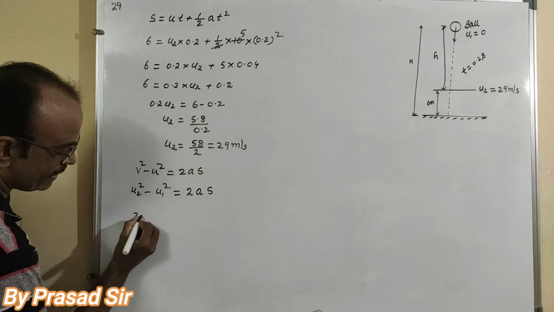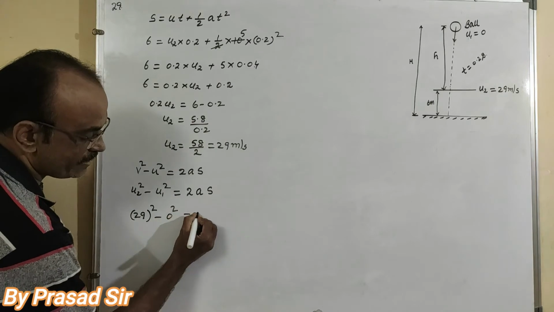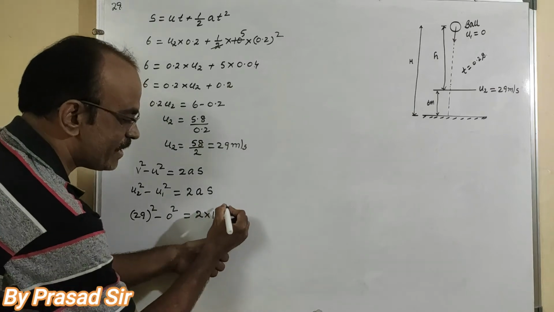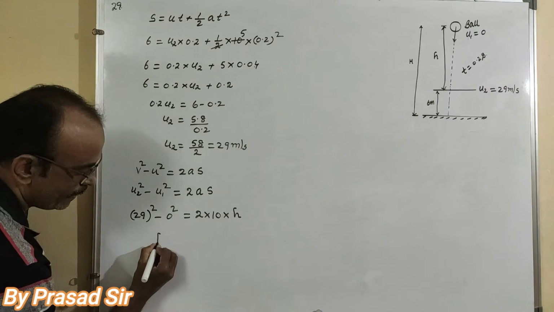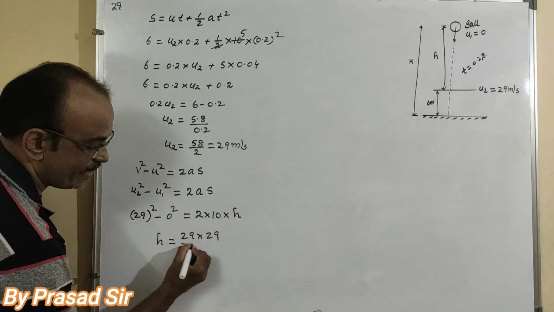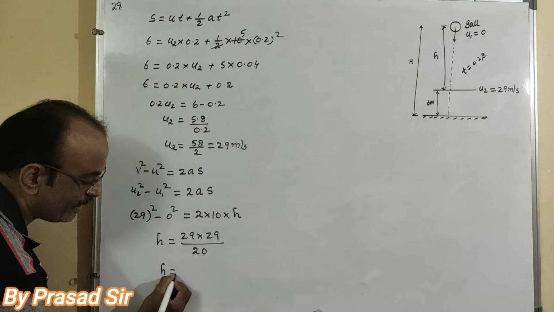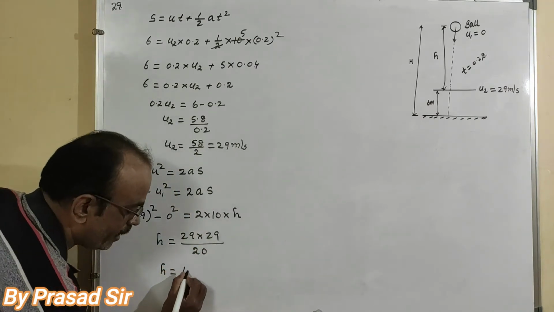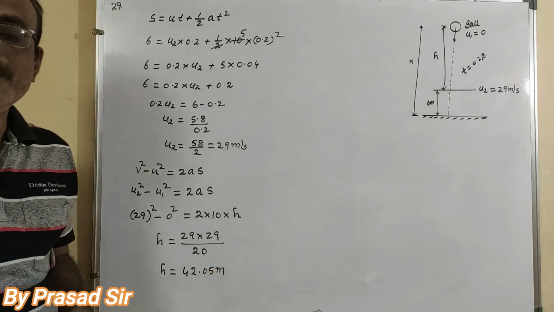So here, 29 whole square minus 0 square is equal to 2 into 10 into the distance I want to calculate. That distance is how much here? h. So here h is equal to 29 into 29 divided by 2 into 10, that is 20. So after calculating 29 into 29 divided by 20, 42.05 meters.